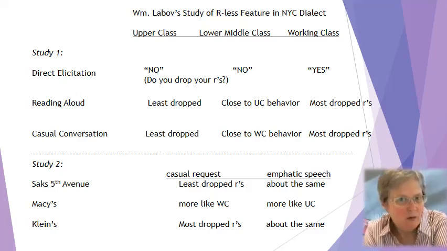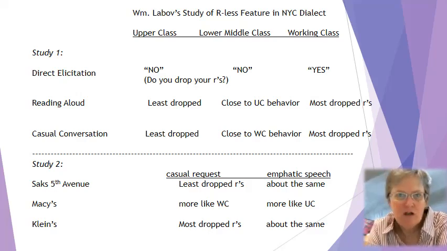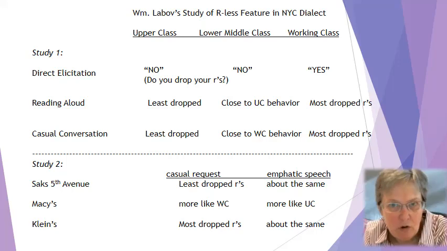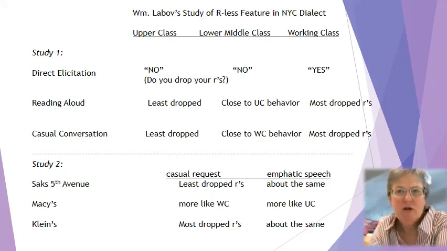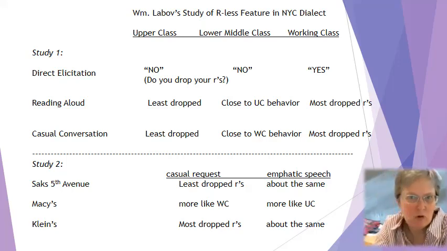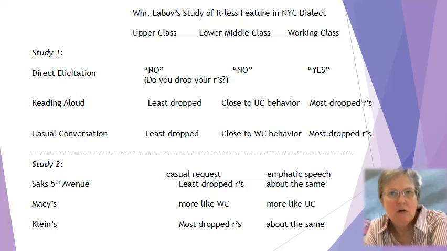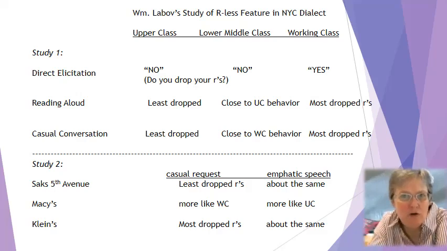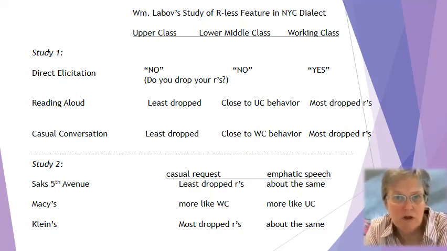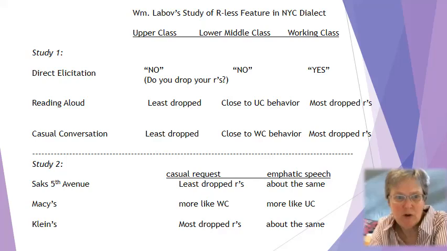In reading out loud, it was kind of a little bit different. In reading out loud, upper class speakers still dropped quite a few R's, but they dropped the least number of R's of the 3 groups. The working class speakers, true to what they had said in the first interviews, of course dropped a lot of R's, and dropped a lot more R's than people from the upper class when they read out loud.